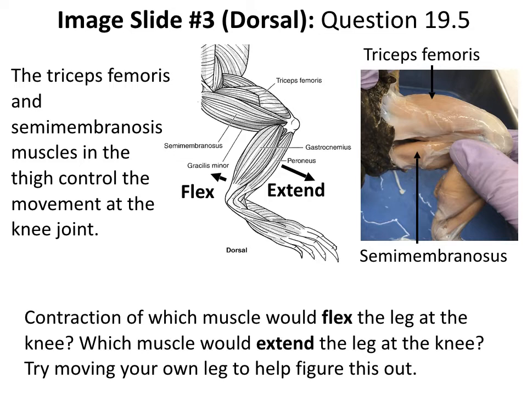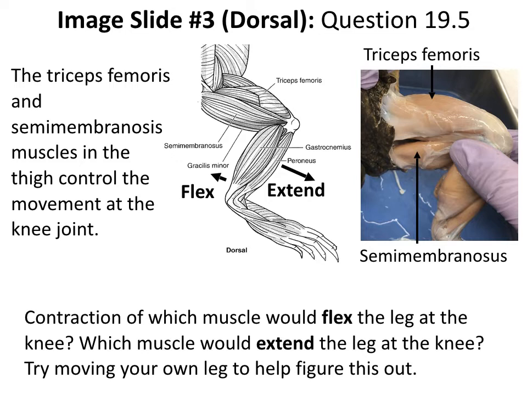If you're sitting and you put your hand down on your upper leg, you're touching the triceps femoris. If you put your hand under your leg, that's where the semimembranosus would be.